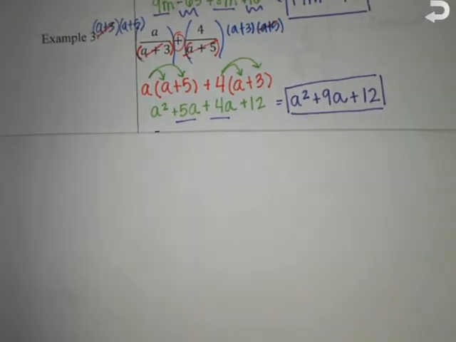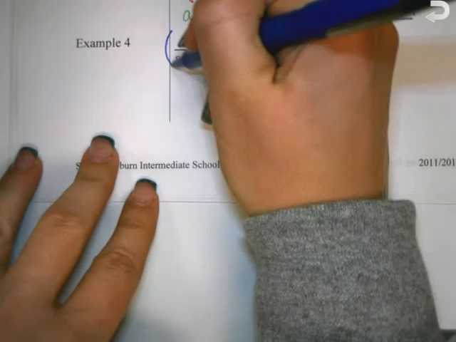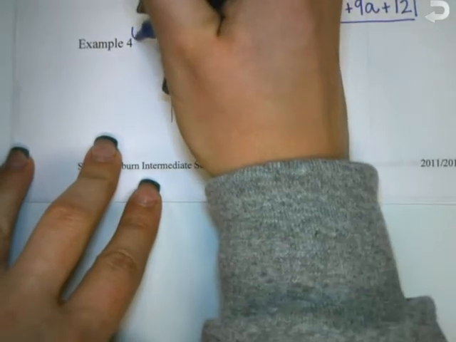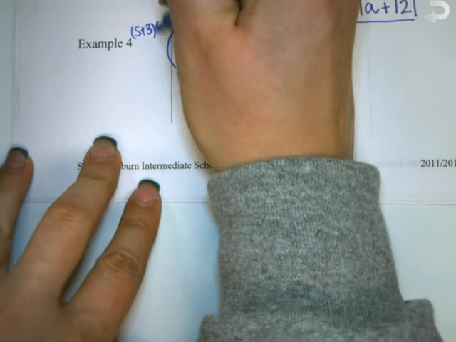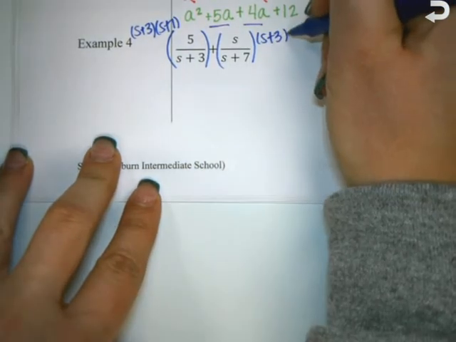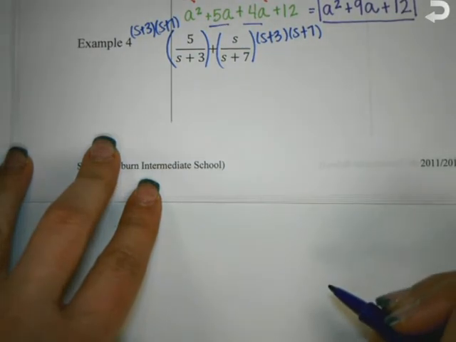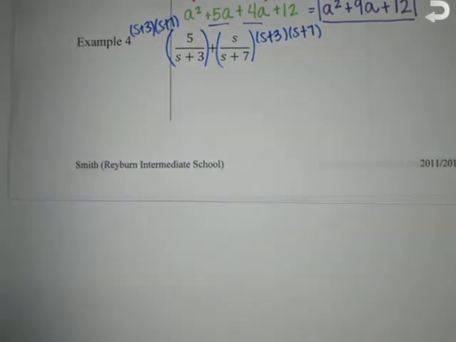Okay guys, so really quickly, I multiply both sides by what? S plus 3 and S times S plus 3 times S plus 7. That one looks like 5. That's not how I do my 5s. Okay, what cancels? On the left-hand side, what cancels?